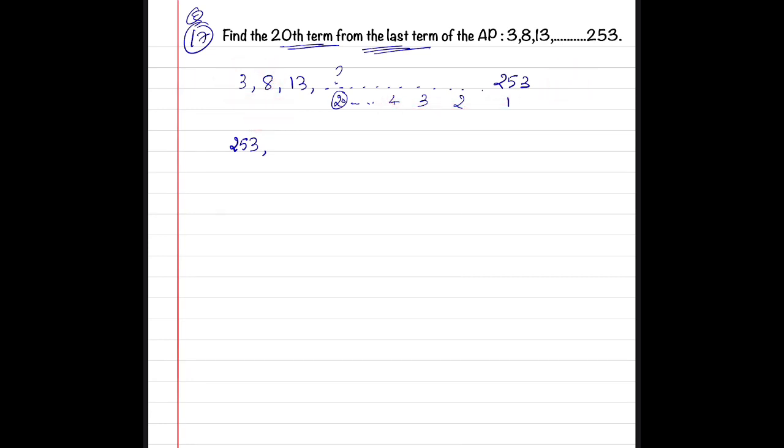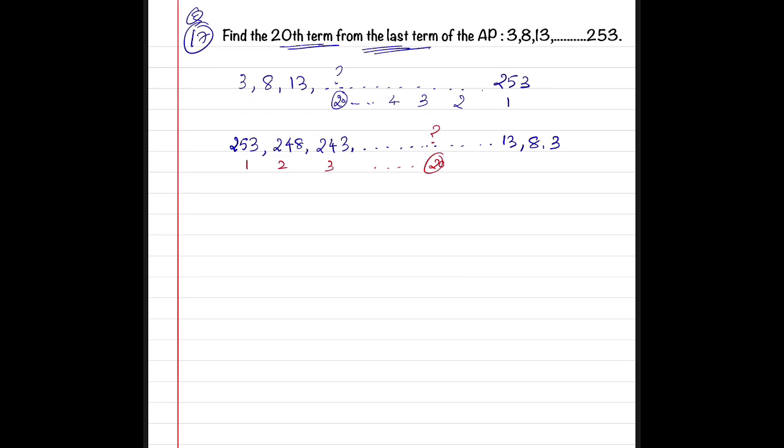So the first term is 253, the second term is 248, the third term is 243, and go on writing, so it becomes 13, 8, 3. Now this is the first term, second term, third term, and we have to find the value of the 20th term.